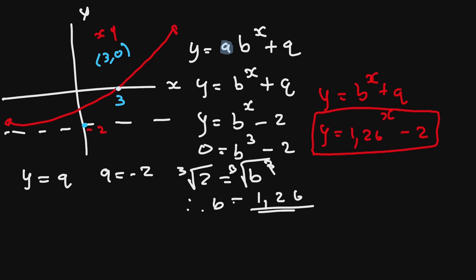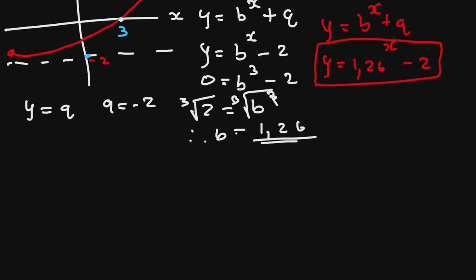But before I do the domain and range, I would like us to find the equation of a function that is not as complicated as this one. So let's say we have a function here. It will look like this.